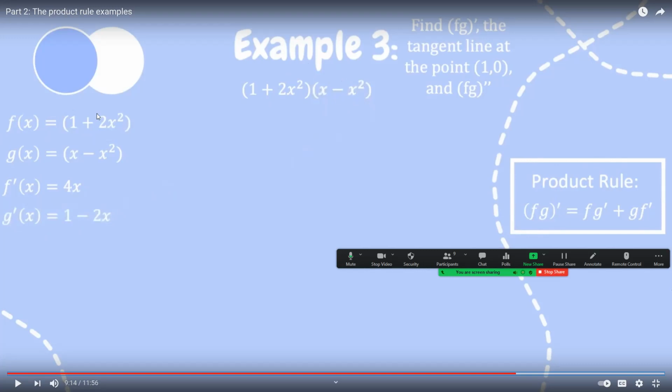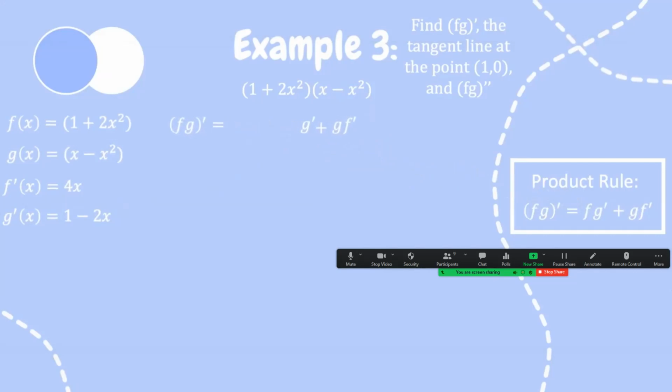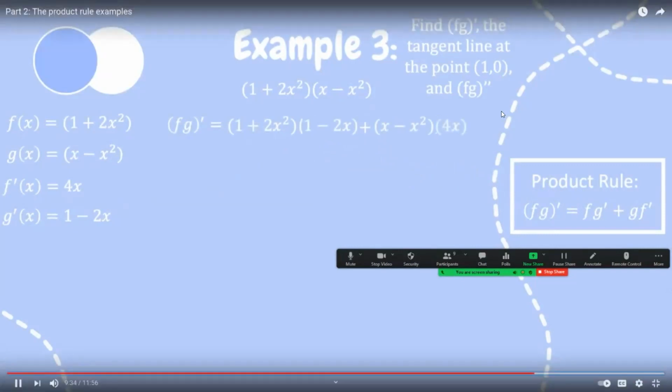So we'll have 1 plus 2x squared times 1 minus 2x plus x minus x squared times 4x.